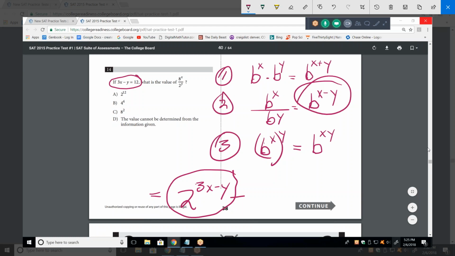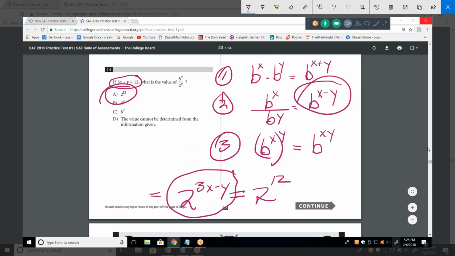So what's this expression equal to? 2 to the 12th. That's one of the answers. There is another way to do that. If that didn't happen to be so conveniently equal to this exponent, we would have just solved for y, substituted, brought it down, and we would have had our answer.